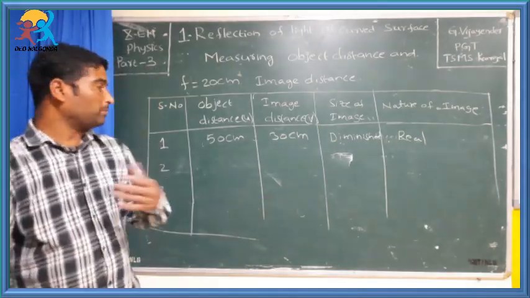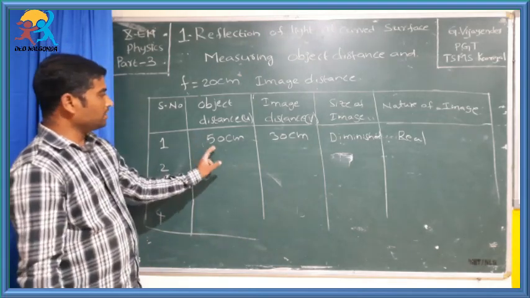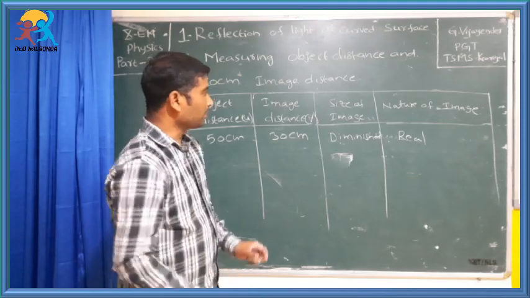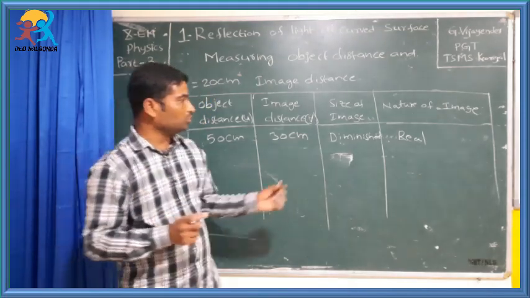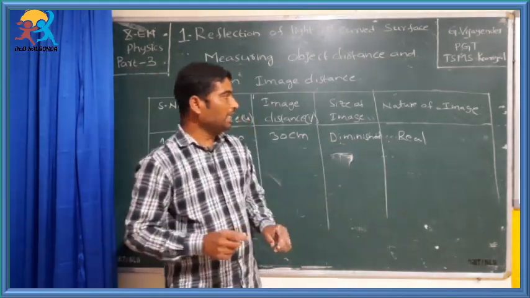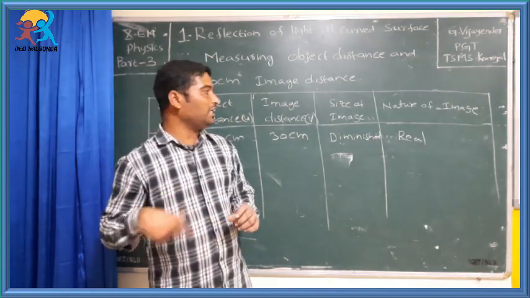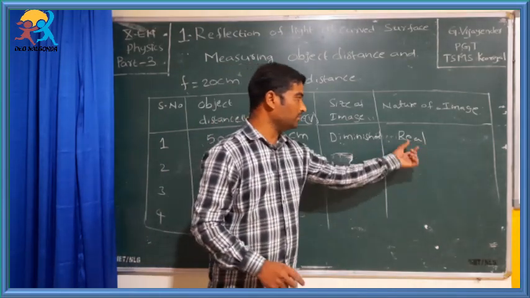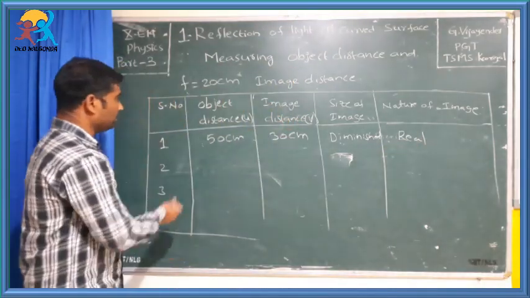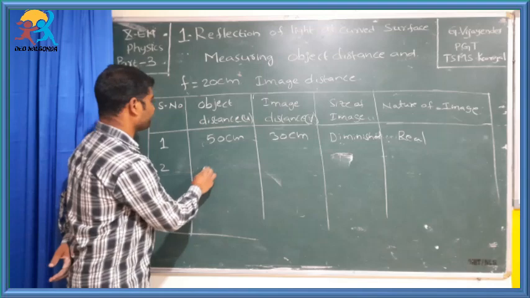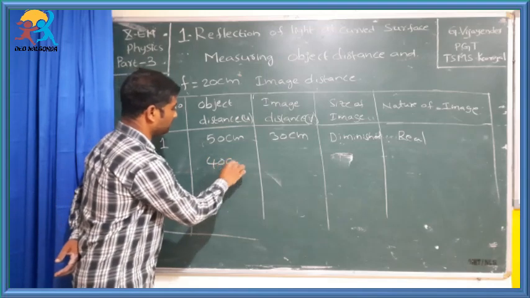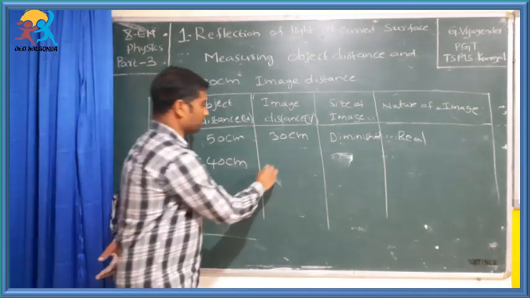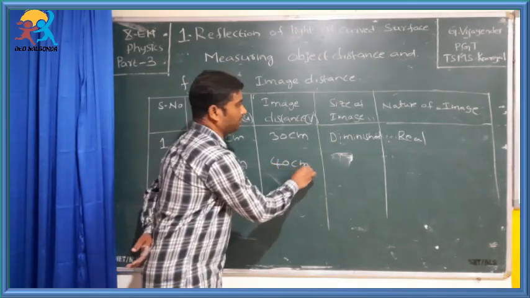Now the results of the experiment. When the object distance is 50 centimeters, the image is formed at 30 centimeters. The size of the image is small, that means diminished, and the nature of the image is real, that means it can be caught on the screen. In the second case, the object distance is 40 centimeters, and the image is formed at a distance of 40 centimeters.